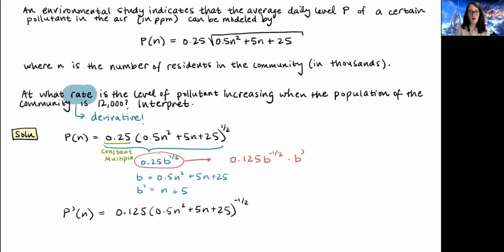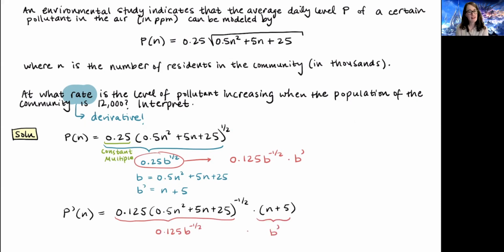Then we have to multiply all of this by the derivative of the inside, or b prime, and that is in parentheses n plus 5. So here is the 0.125 b to the negative 1/2, and here is the derivative of the inside, or b prime.